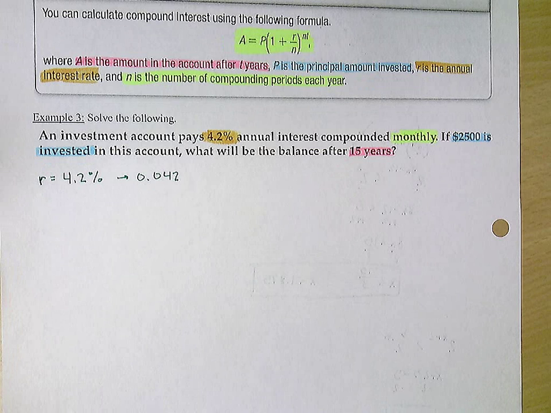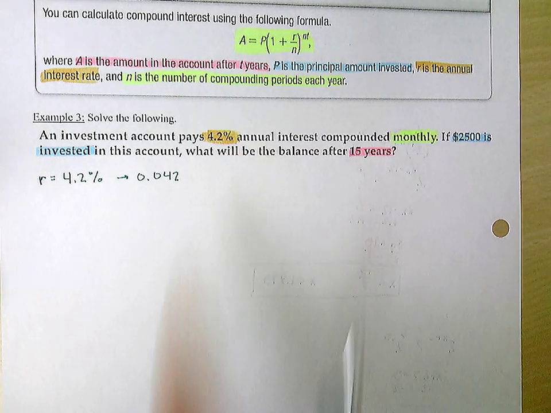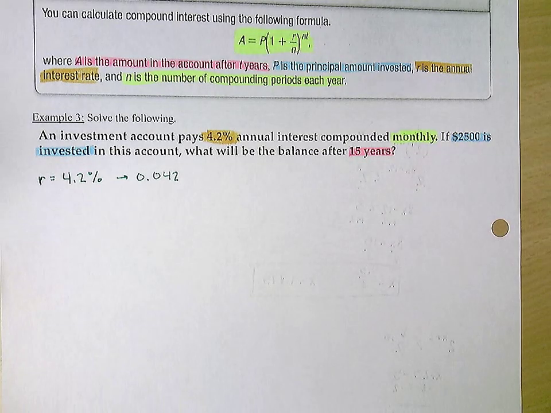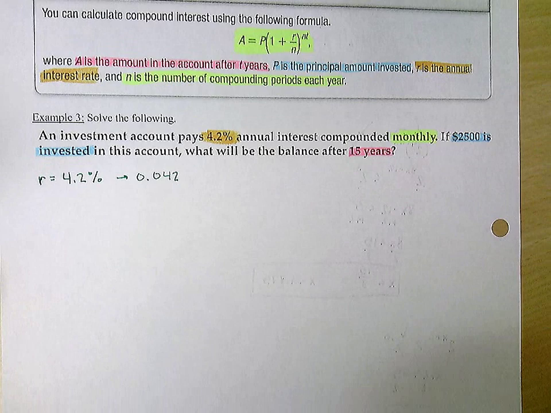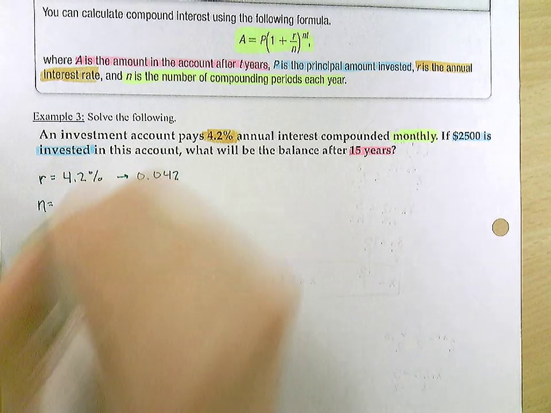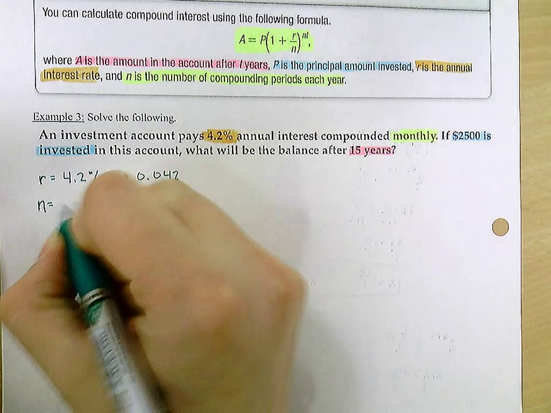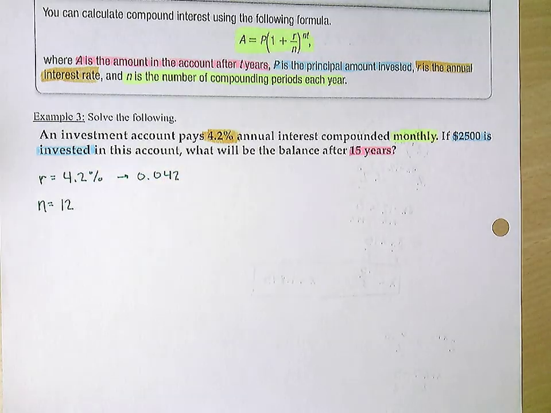You just divide it by 100. Next is how many compounding periods we have in a year. That's your N. Since it is monthly, how many months are in a year? 12 months. So our N value is going to be 12. If it was daily, you'd say 365.